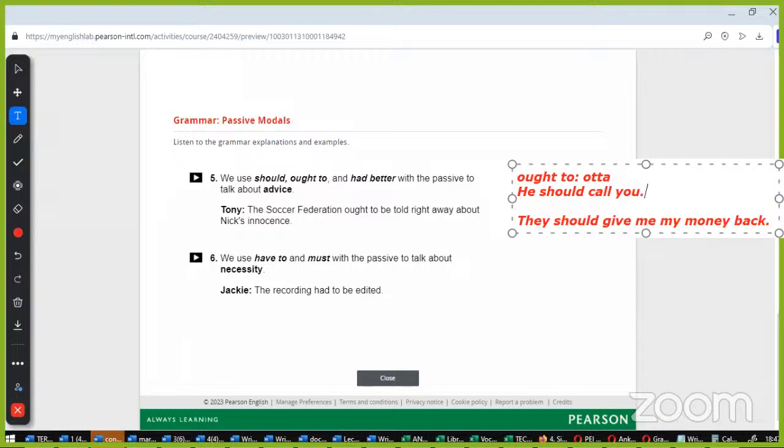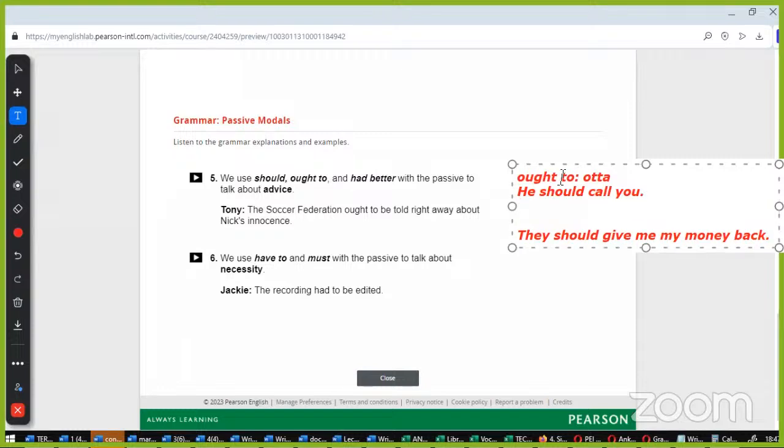Can you please do this in passive voice? He should call you and they should give me my money back. You should be called by him.